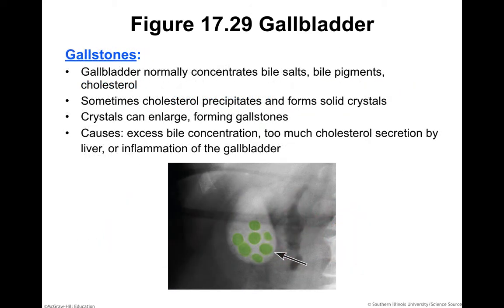Gallstones are concentrated bile salts that lead to crystals that form what we call gallstones. Excess bile concentration, too much cholesterol secretion by the liver, or an inflammation of the gallbladder can lead to gallstones.